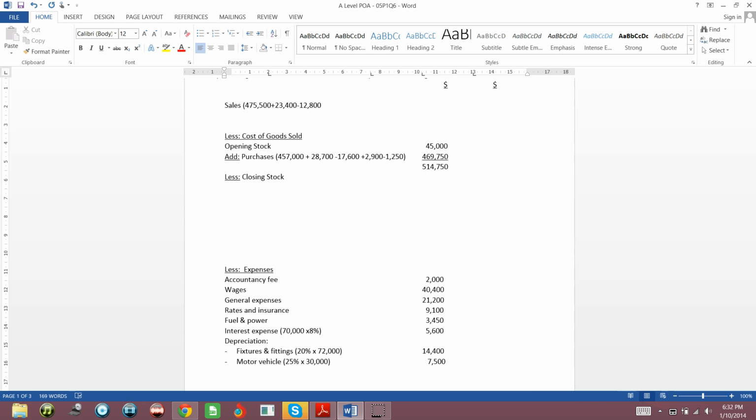Then what else should I add or deduct? Now you look at the summary of business bank account. Net cash banking, that means the banking from the cash sales, is 130,400. This 130,400 I must add, because this is what I have banked in after I have paid for that 300 per week for Raja's personal use and such.